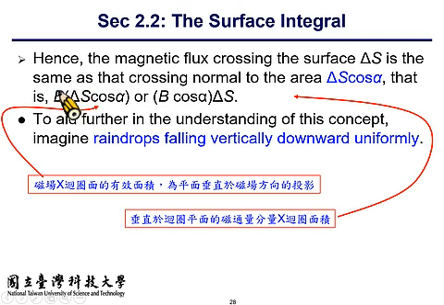On the other hand, if you interpret this as B times delta S cosine alpha, then you are finding the effective projection of the loop area perpendicular to the direction of the magnetic field. That will be the magnetic field times the effective area of the loop.